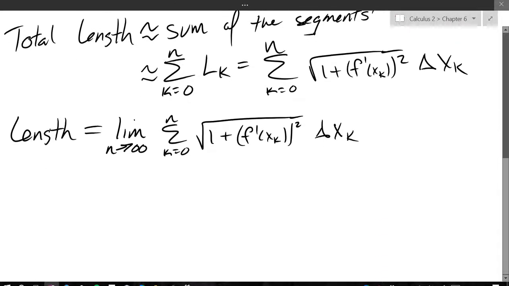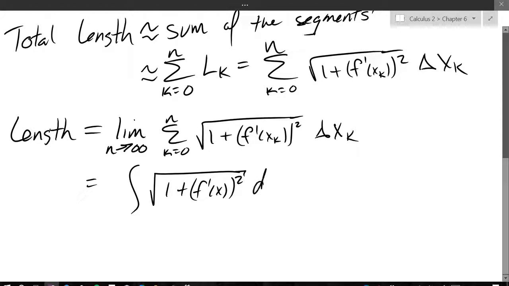And this turns into an integral. All your xk's turn into x's, and your delta xk is dx. So this is the integral of square root of 1 plus f prime x squared dx, and of course you're going from A to B. This formula is arc length, the one that should go in your formula page.